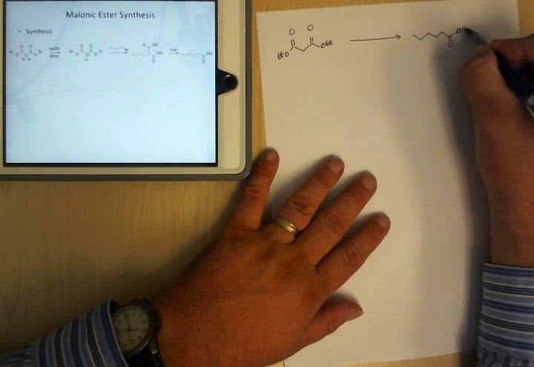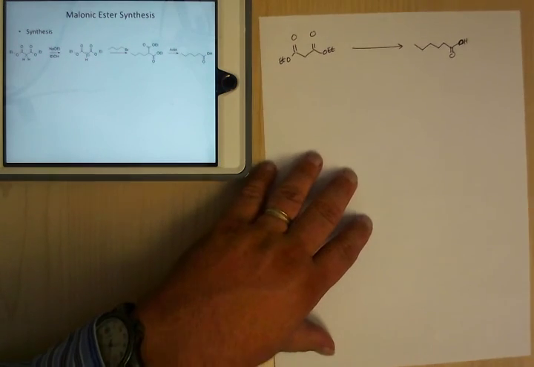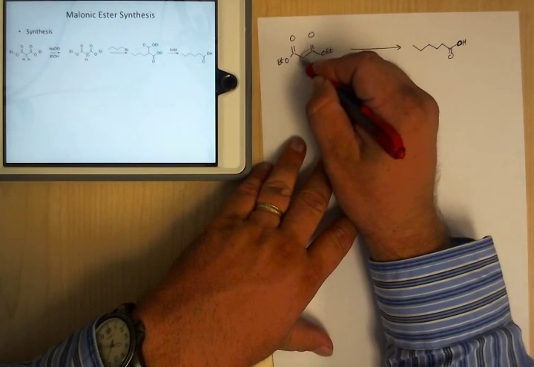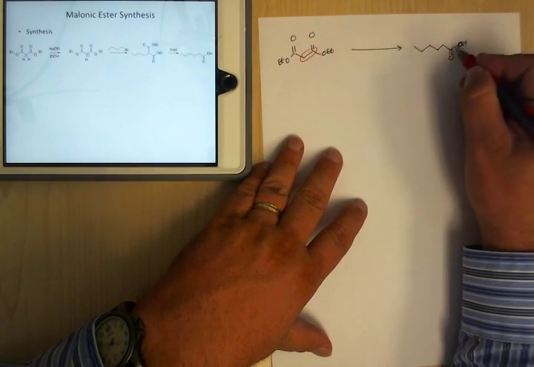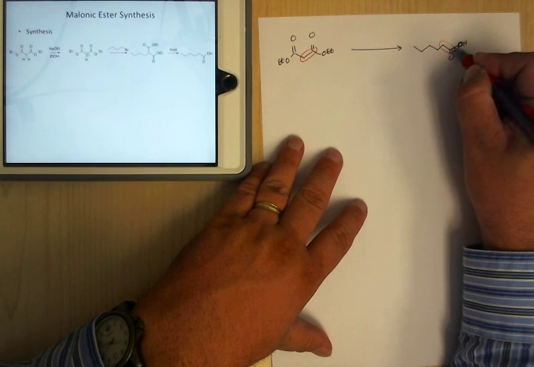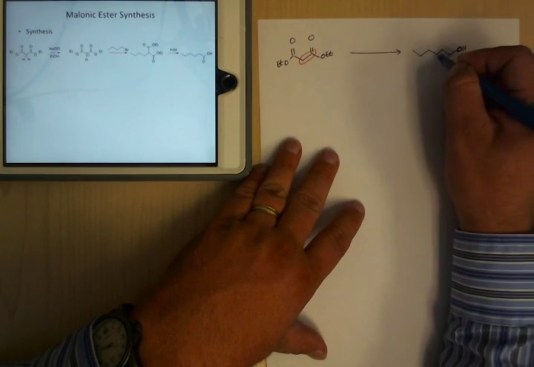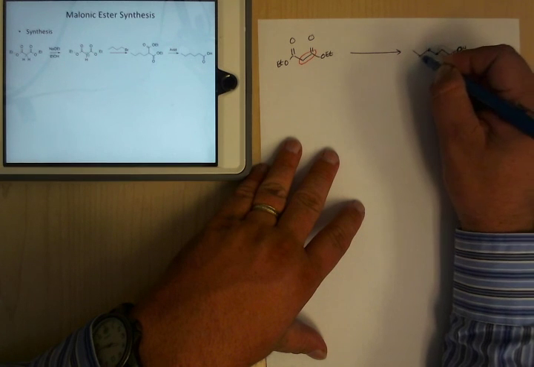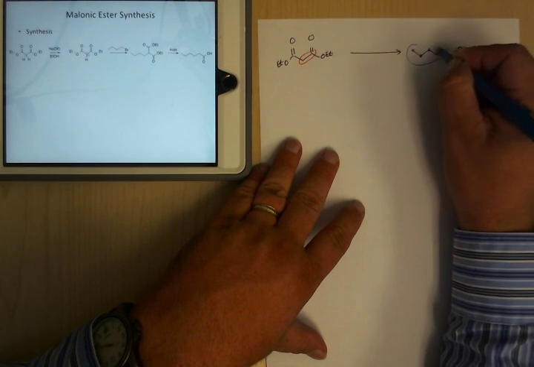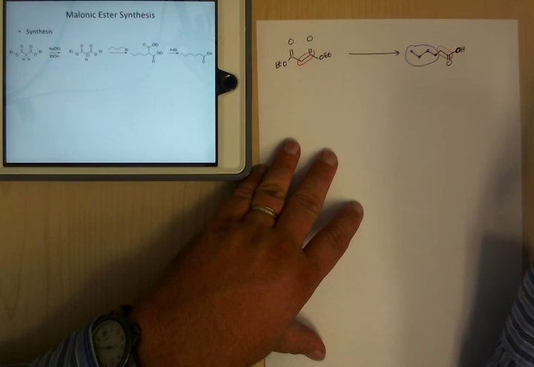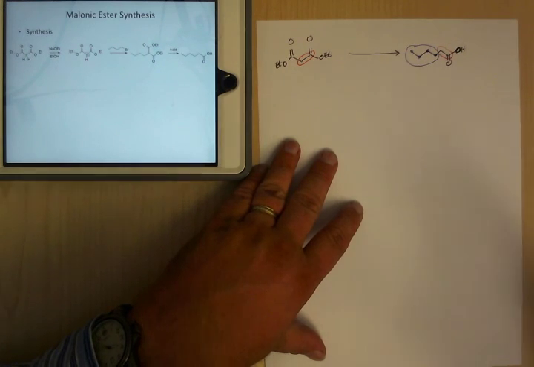We're always going to have this 2 carbon piece here, and that'll be that 2 carbon piece there. So that means we're going to need 1, 2, 3, 4. That means we're going to have a 4 carbon piece added to it. But the steps are always the same.